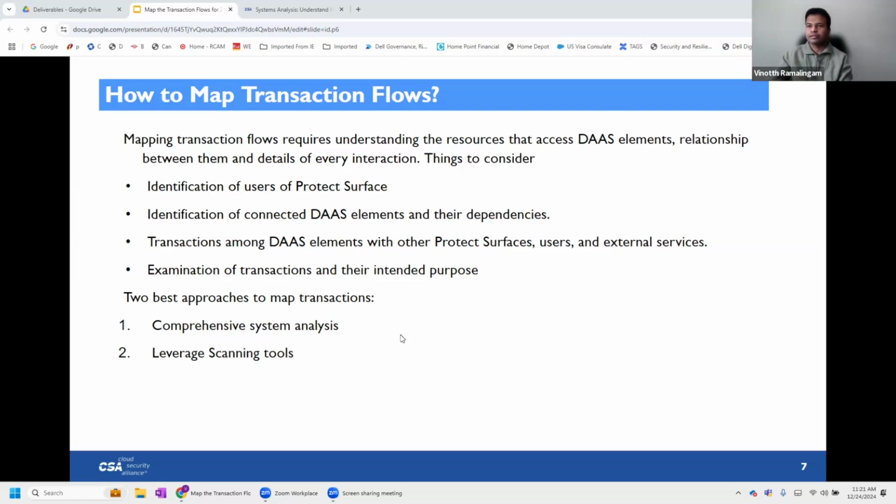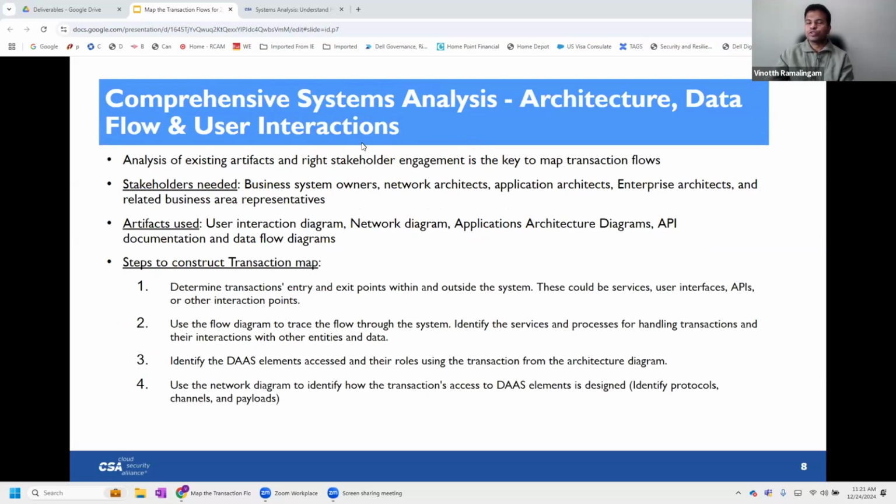Absolutely. Indeed. So this is the first technique that we talk about, the comprehensive system analysis, where we provide references here. You might have stakeholders already. The key stakeholders are business system owners, network architects, application architects, enterprise architects, and then related business representatives like SMEs and other folks.